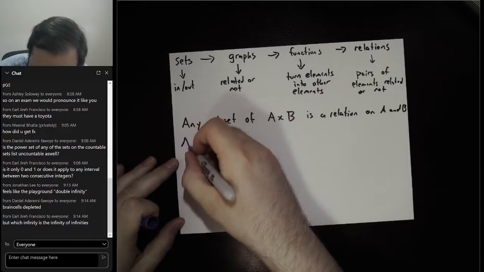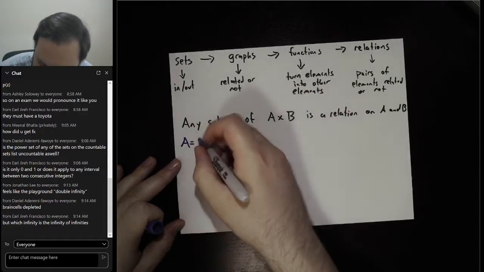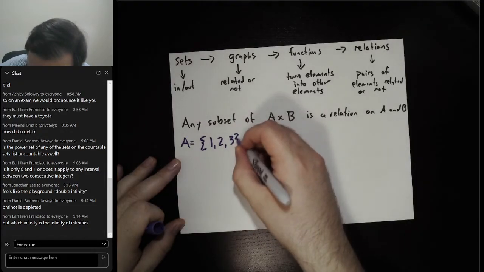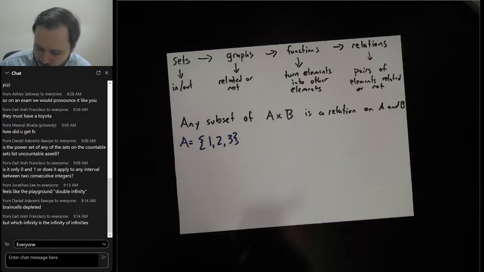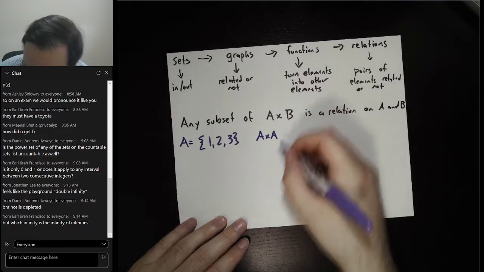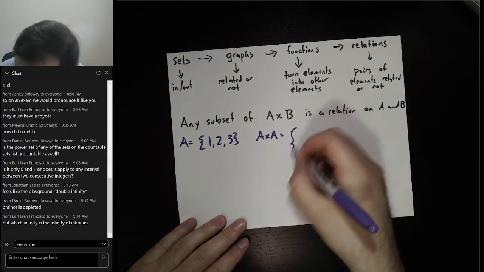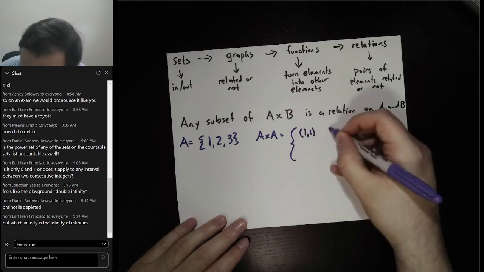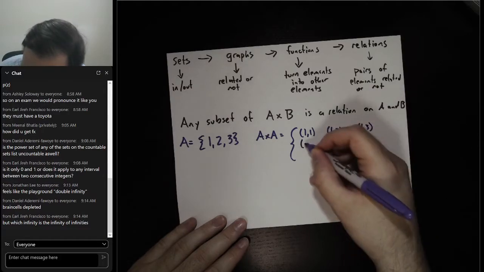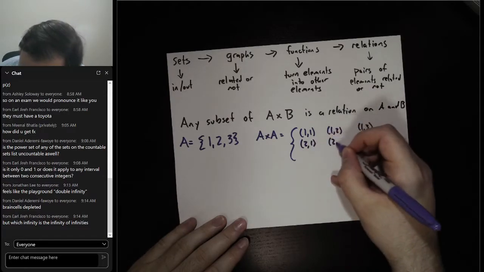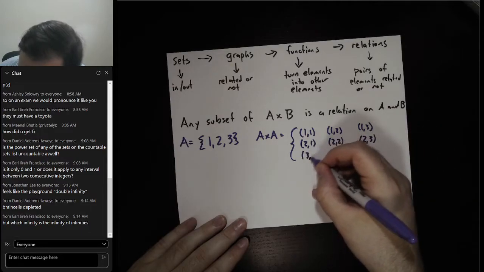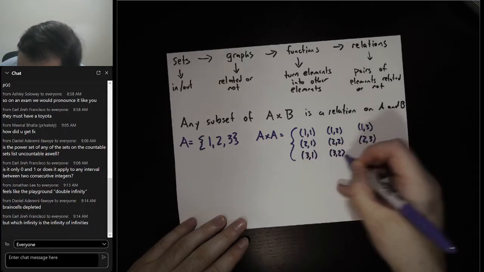If I make the set A equal to 1, 2, 3, then I know the set A cross A. That's the set of all ordered pairs. So that's got (1,1), (1,2), (1,3), (2,1), (2,2), (2,3), (3,1), (3,2), (3,3).